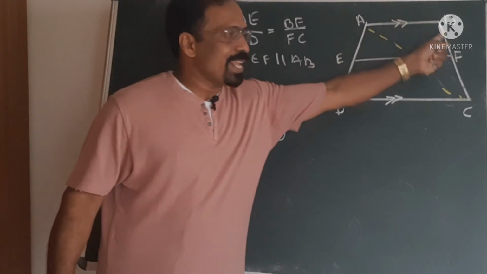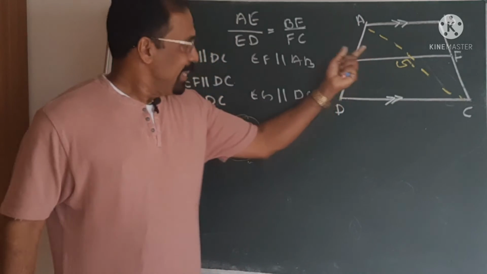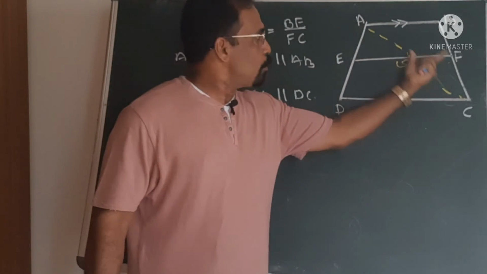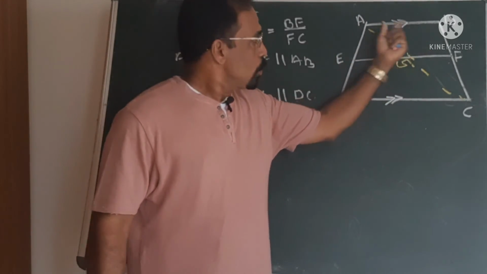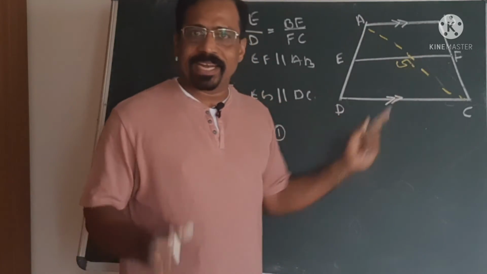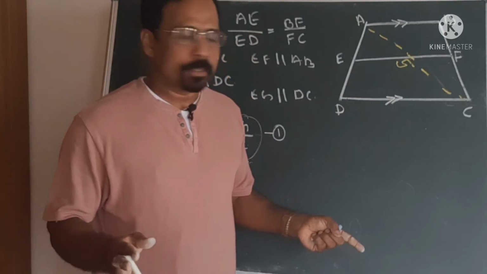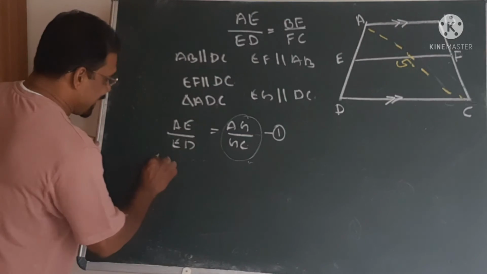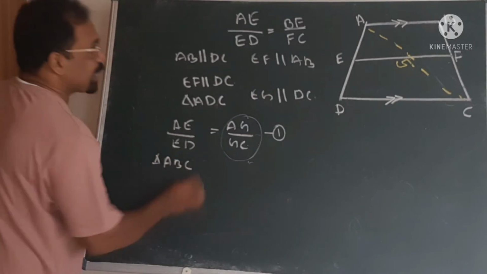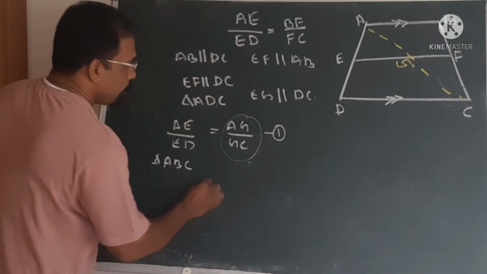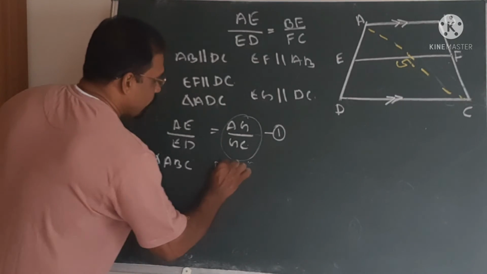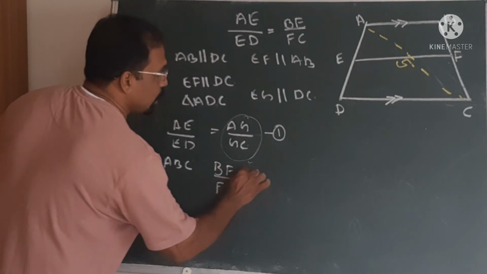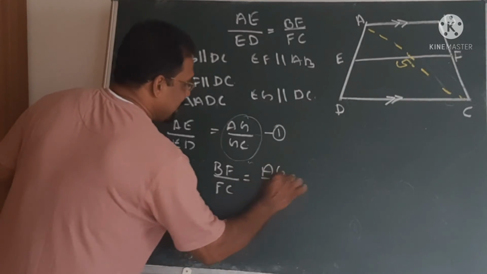Now consider this triangle ABC. Here this GF is parallel to AB. So if GF is parallel to AB, we can apply theorem 6.1. So in triangle ABC, BF divided by FC is equal to AG by GC.